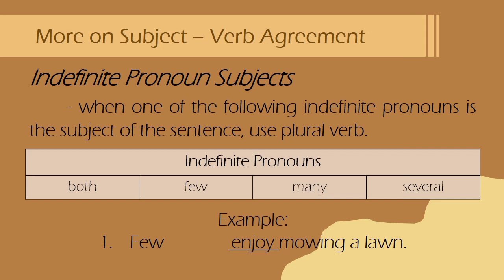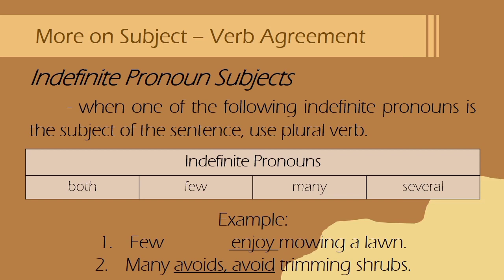So, few enjoy mowing alone. Example number 2, many avoid trimming shrubs. Since many is used as a subject in the sentence, we are going to use the plural verb avoid. So, many avoid trimming shrubs.